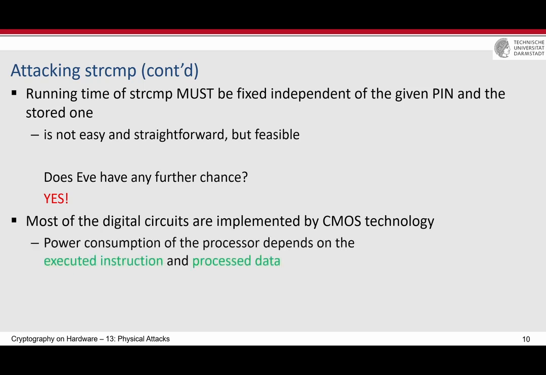The power consumption of this processor depends on the executed instruction and also the processed data. For example, if you have a microprocessor with instructions like AND and ADD, the power consumption of AND is different from the power consumption of ADD.